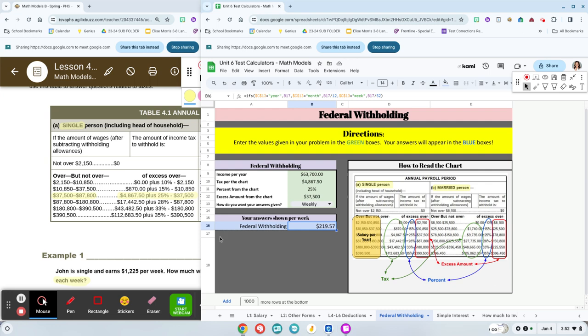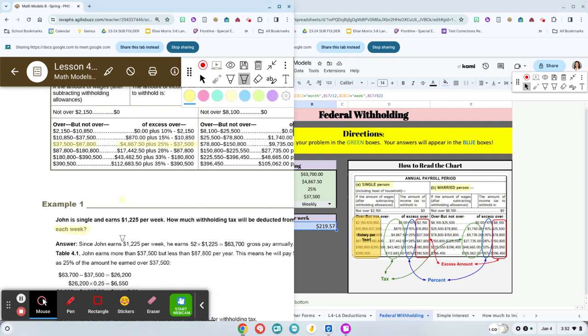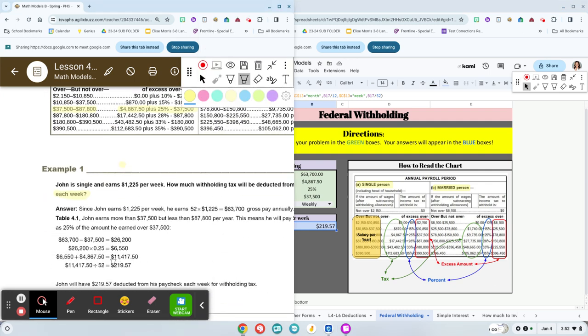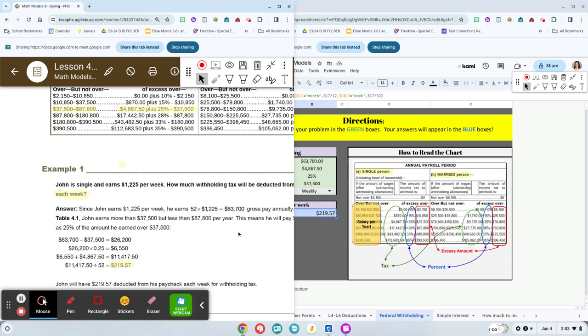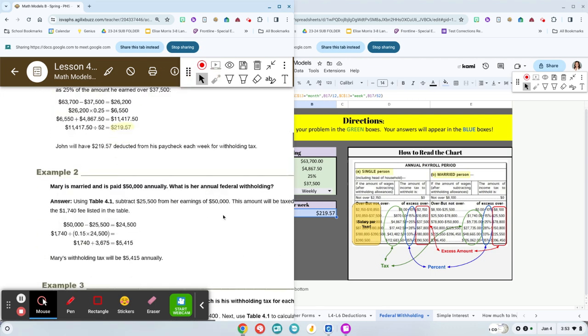So what we're going to do then is select that answer. I'm just going to show you that that's it. This Excel calculator was able to do all these calculations based on the formula by just inputting the correct information. All right, let's go ahead and look at a married example really quick.